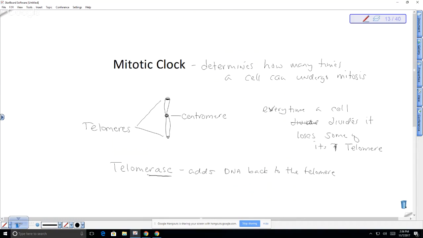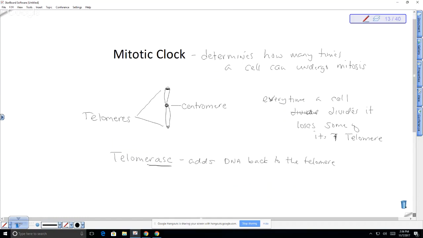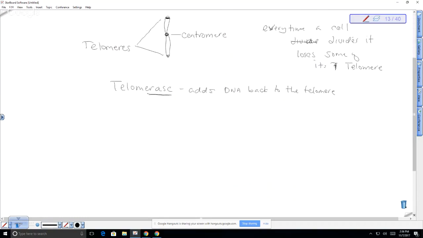We have this gene. It's normally turned off in most cells, but it's turned on in cancer cells and cells that give rise to the gametes. Now, what they discovered is that it might actually be turned on at other times. So the size of the telomeres seems to be related to your environment.